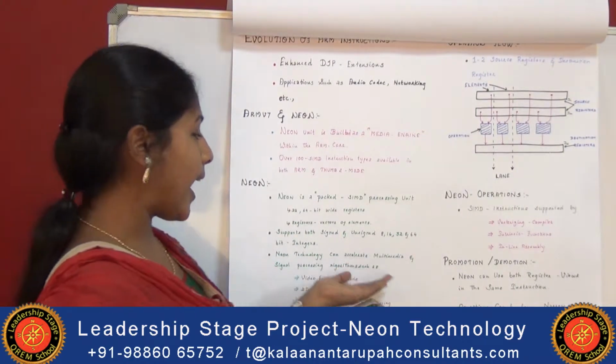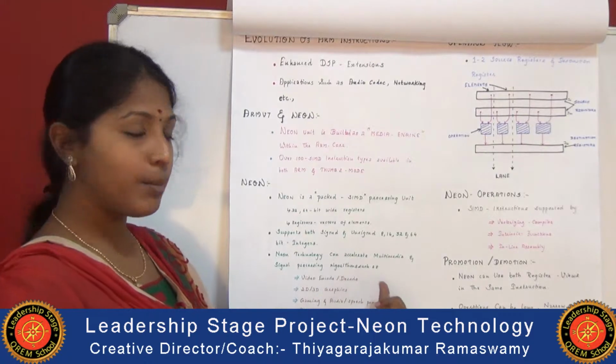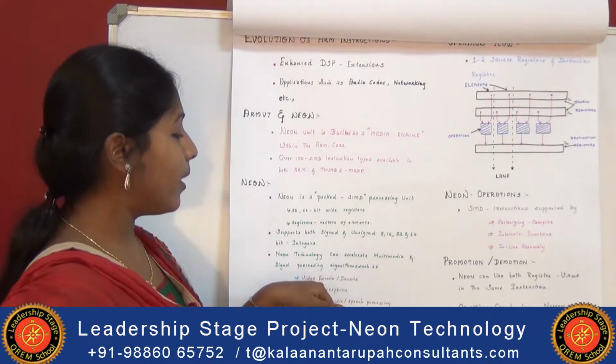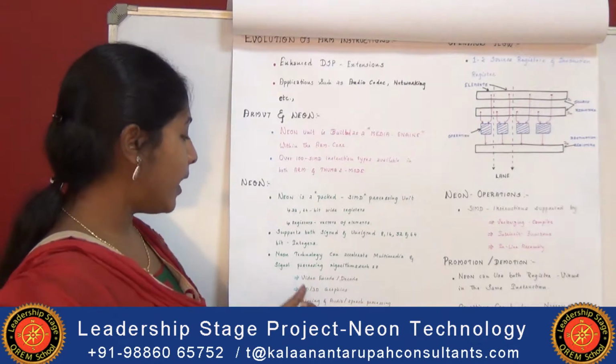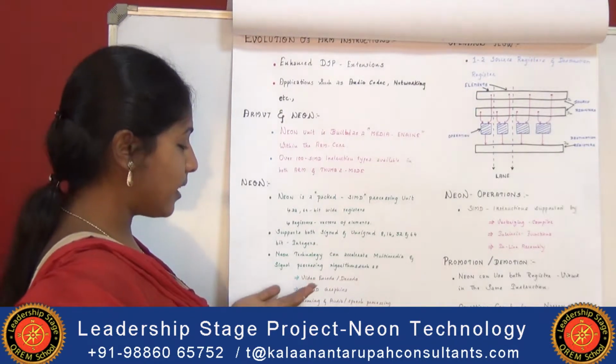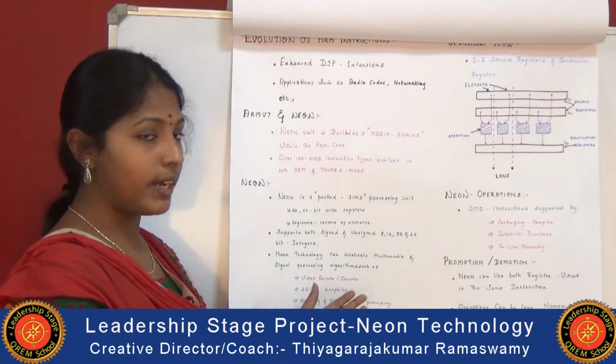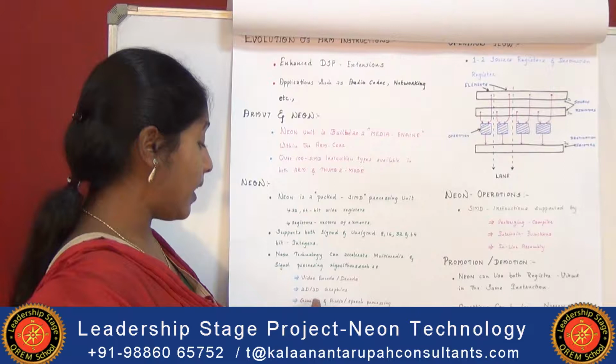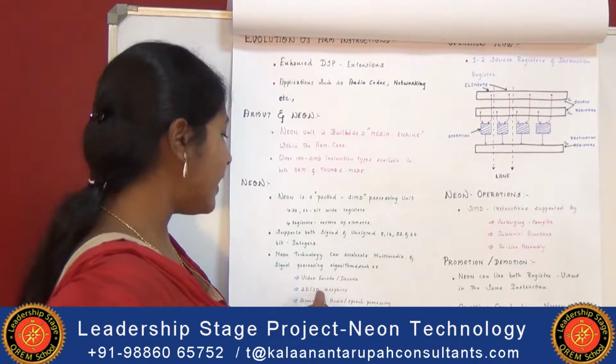This Neon technology can accelerate multimedia and signal processing algorithms, such as algorithms that encode or decode video and 2D or 3D graphics. 2D is a two-dimensional view, entirely based on computer, and 3D is based on graphics data.